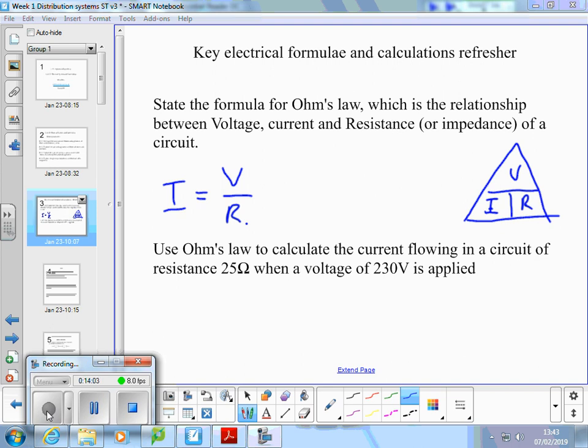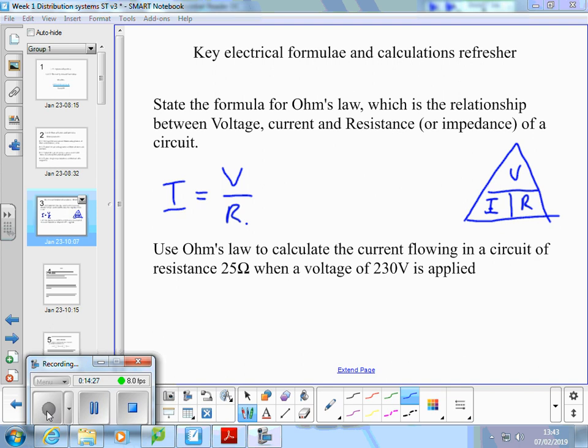Put the voltage up, current goes up. Put the voltage down, current goes down. Whereas that's inversely proportional to resistance. If we increase resistance but keep voltage the same, we're going to reduce the current. If we decrease resistance, we're going to get more current. If you can remember that relationship, you'll always remember Ohm's law.